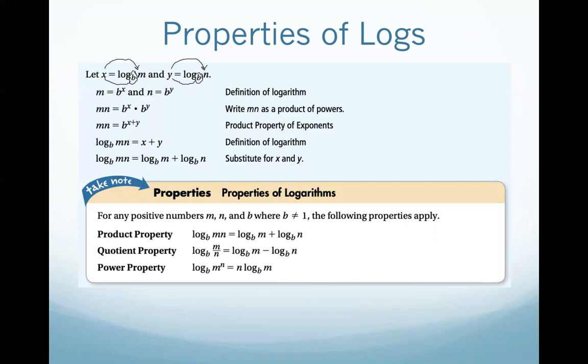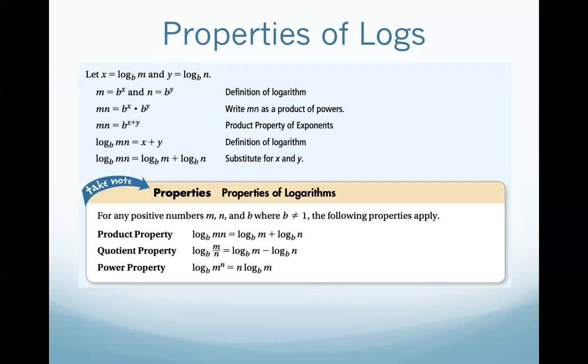So if we add two logarithms together, that's the same as multiplying their arguments. Notice the base did not change, okay? The base did not change. So that's where these properties come from.